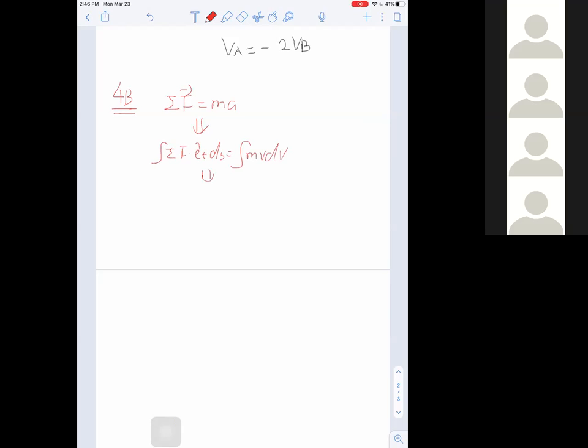Then we get the work energy equation as U1-2 equals T2 minus T1. Then we further simplified this to get the work energy equation T2 plus V2 equals T1 plus V1 plus U1-2 non-conservative. Okay, that's what we did in 4B.